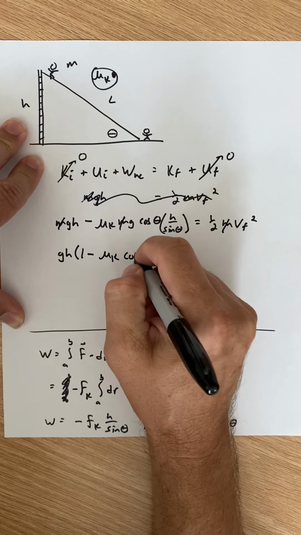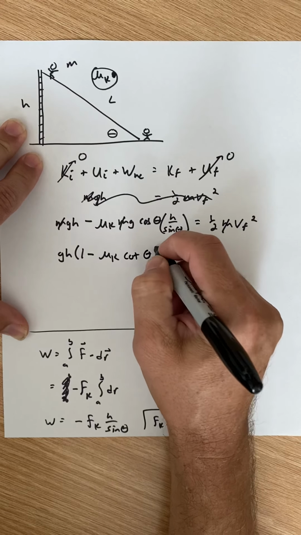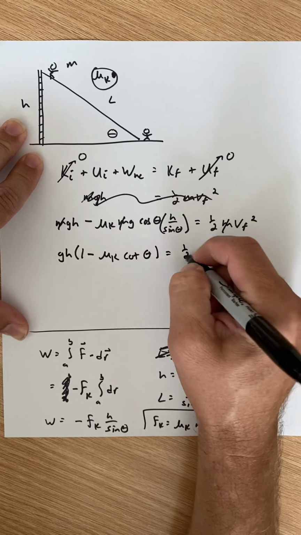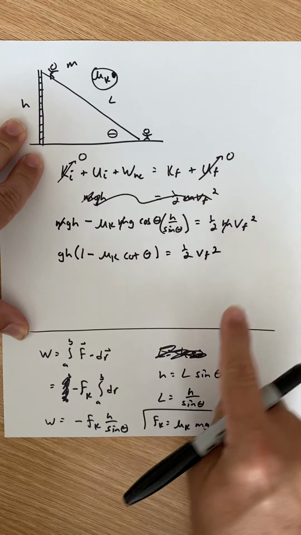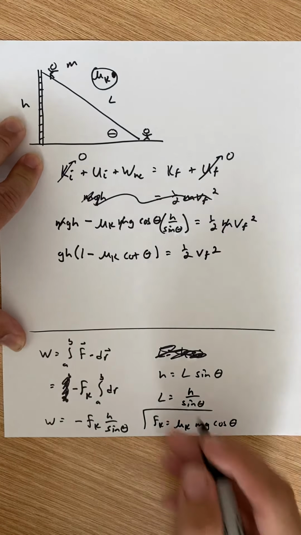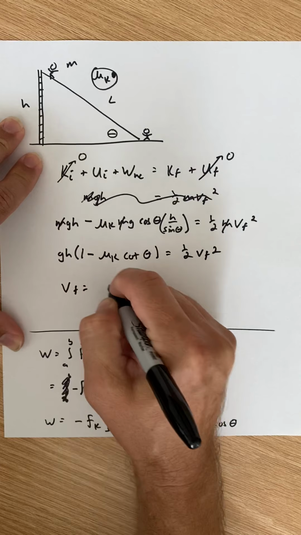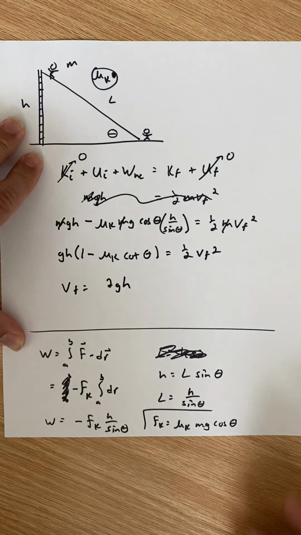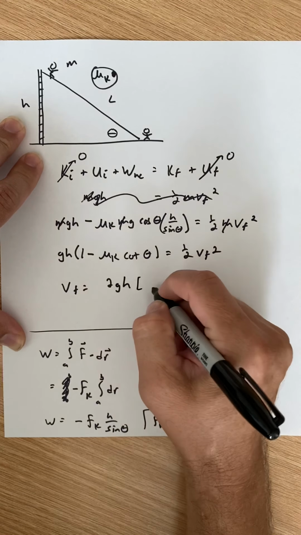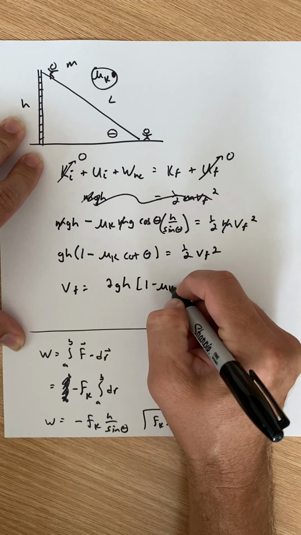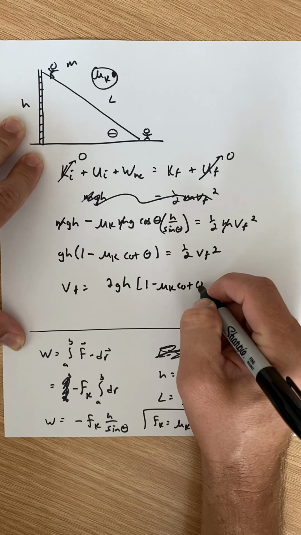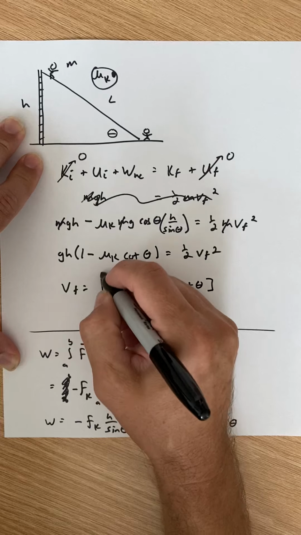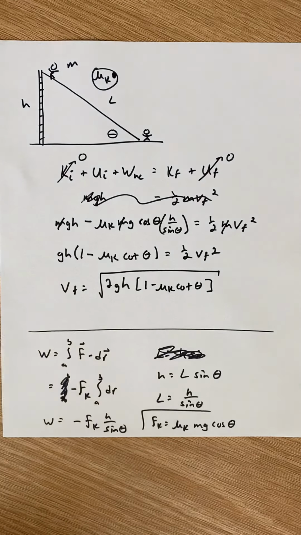That is the cotangent of theta. And that's equal to 1/2 v final squared. Now, let me multiply by 2 and take a square root. And I get v final is equal to root 2gh, that's familiar, times this expression, 1 minus mu k cotangent theta. Let's see if we can make some sense of this.